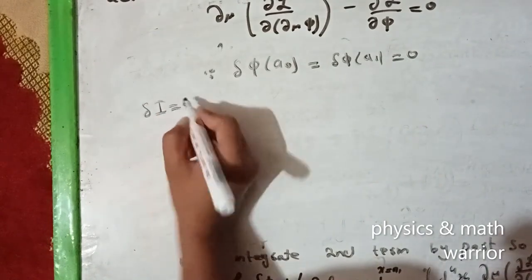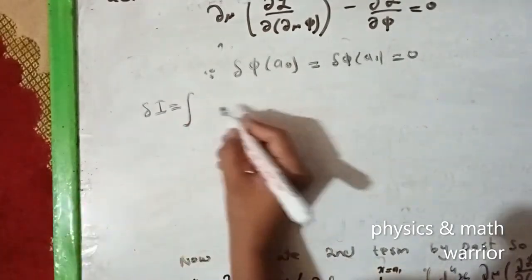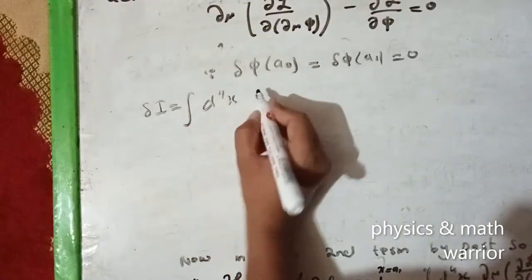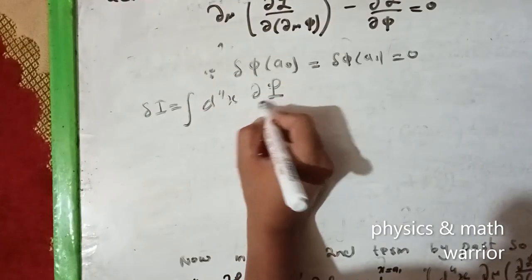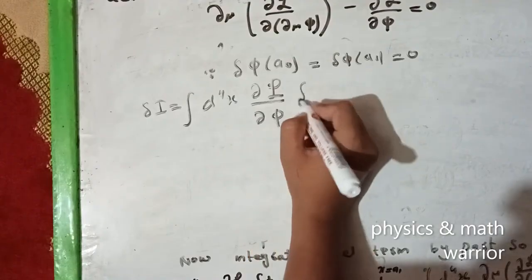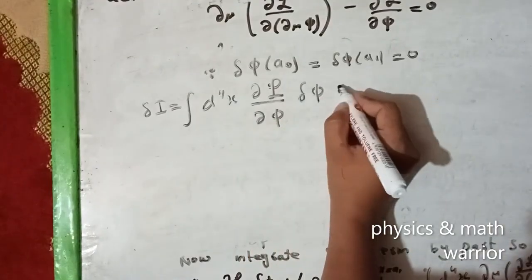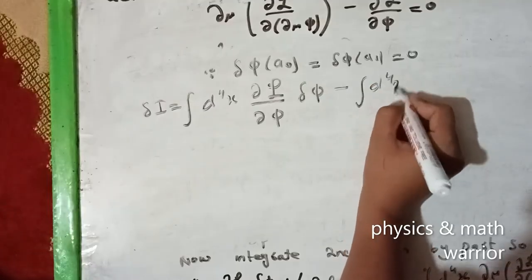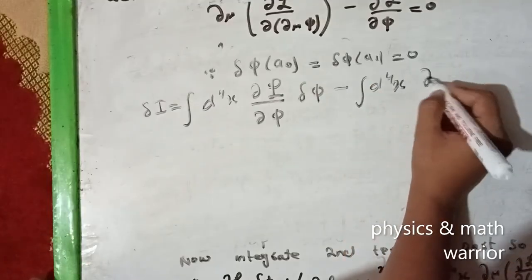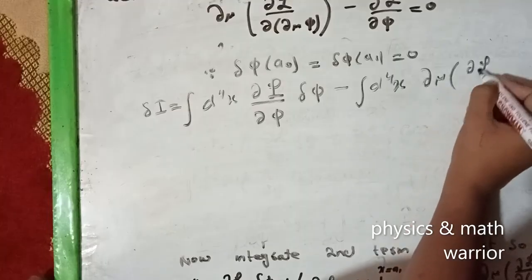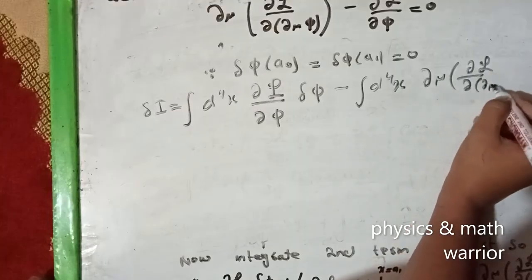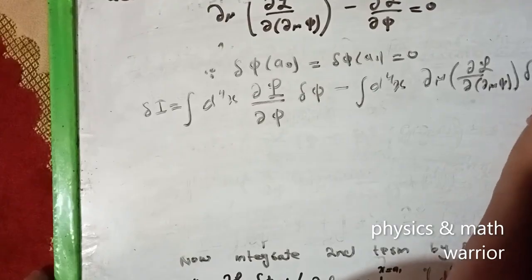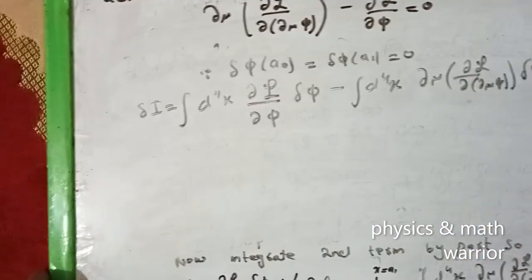δI equal to the integral d⁴x ∂L/∂φ δφ minus the integral d⁴x ∂_μ(∂L/∂(∂_μ φ)) δφ, equal to 0.